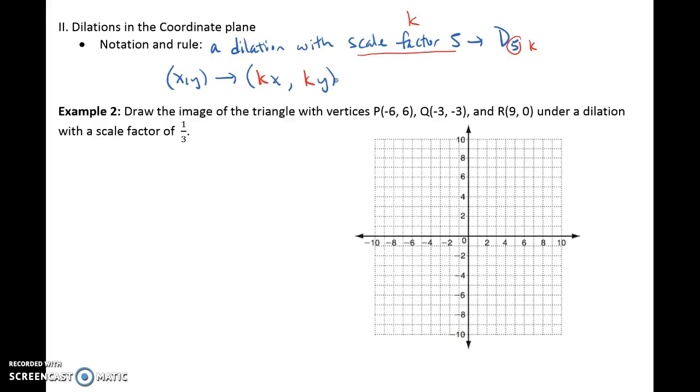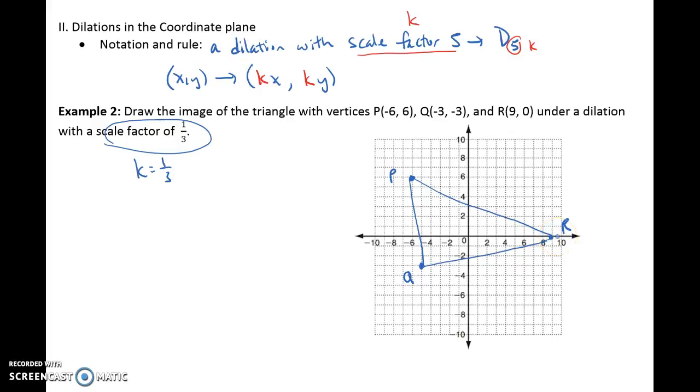So if we take a look at example 2, we're drawing the image of the triangle with these vertices P, Q, R under a dilation with scale factor 1/3. So this K is 1/3, right? I'm going to start by drawing in my pre-image. There's my Q and there's my R. Because I know the scale factor is 1/3, this triangle is going to shrink.